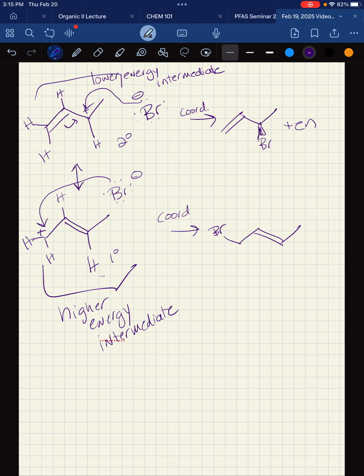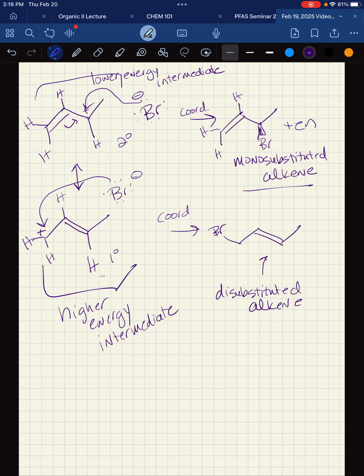But if we look at the two products and we think about the alkene substitution patterns here, this alkene would be a mono-substituted alkene. And this one would be the di-substituted alkene. So this one would be the lower energy product, and this would be the higher energy product.